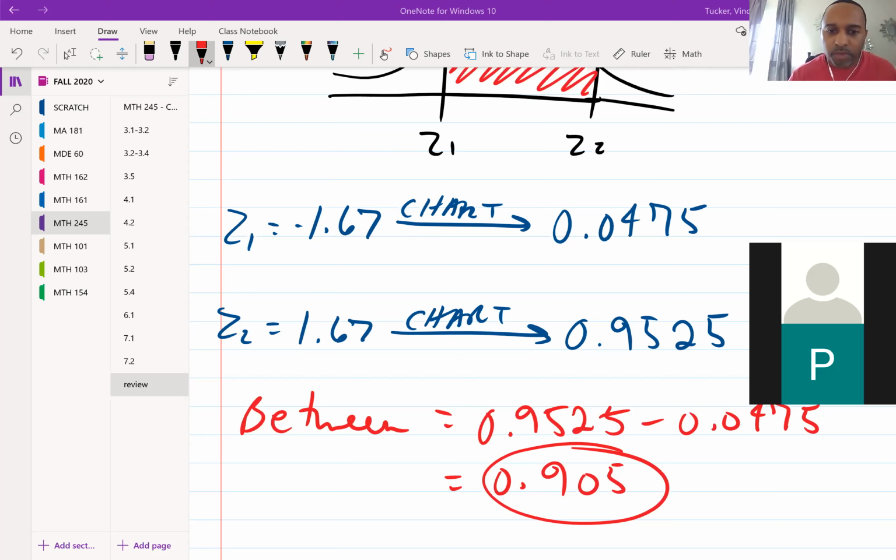My answer was 0.905, and when I divided 10,000 by it, I got 11,050. Let me see. 10,000 divided by 0.905, I'm getting 11,050 now.